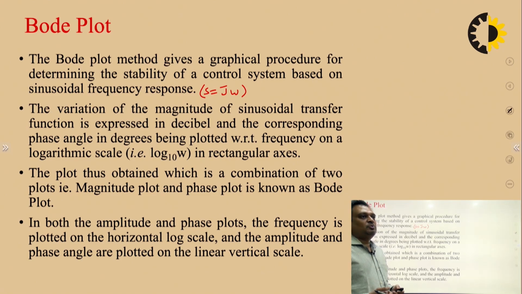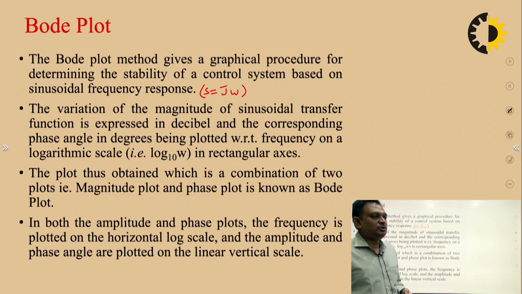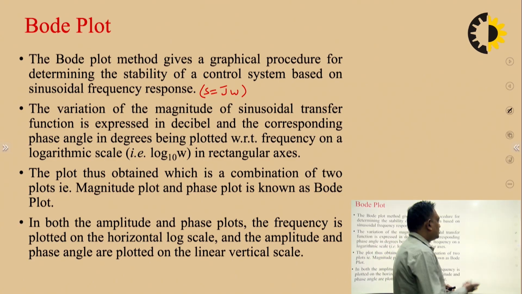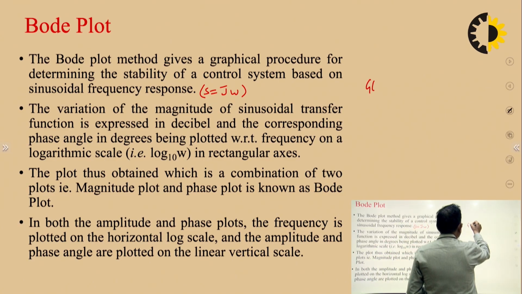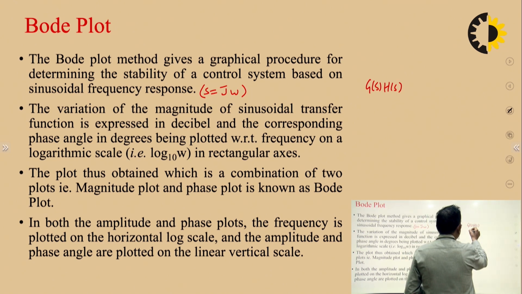So basically we will take the log values of frequencies, and along with the log values of frequency, we will plot the magnitude plot. So if G(s)H(s) is the open loop transfer function, we will put s equals to j omega here. So we will get G(j omega)H(j omega).